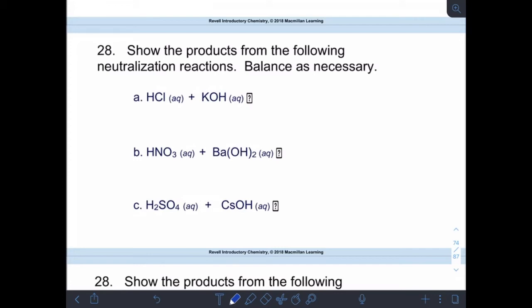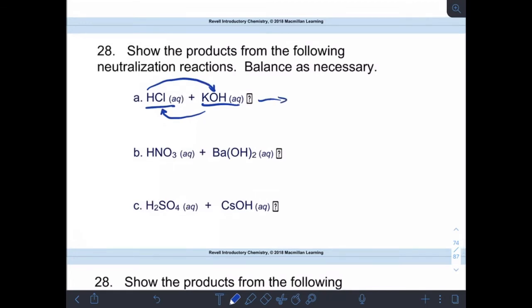Okay, so think about what we have here. Aqueous, aqueous, which means that it will break up into its ions and we can just swap the ions. So all I'm going to do is a double displacement. Hydrogen goes with the OH, potassium goes with the chlorine.